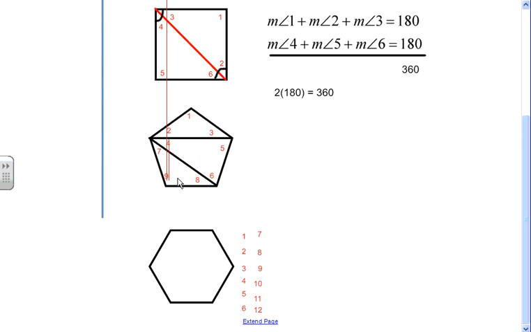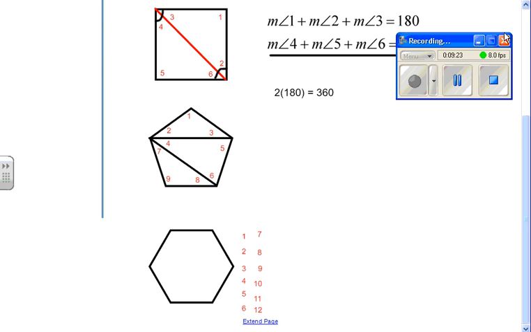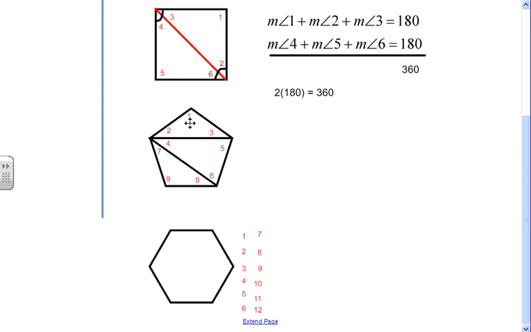Now, we know that 1 plus 2 plus 3 adds up to 180, because that's a triangle. 4 plus 5 plus 6 adds up to 180, because that's a triangle. 7 plus 8 plus 9 adds up to 180, because that's a triangle. If we add angles 3 and 5 together, I get the whole angle for the upper right hand.